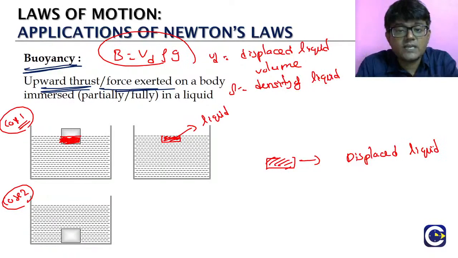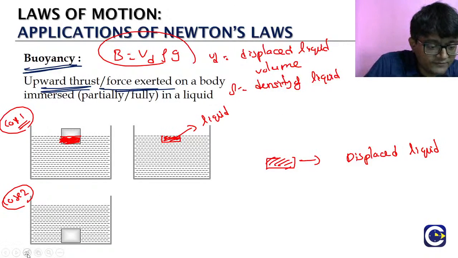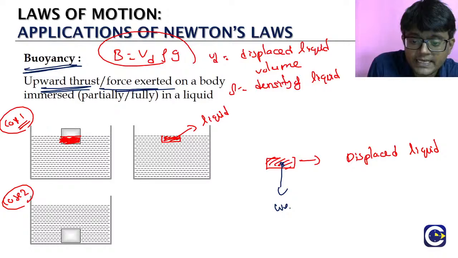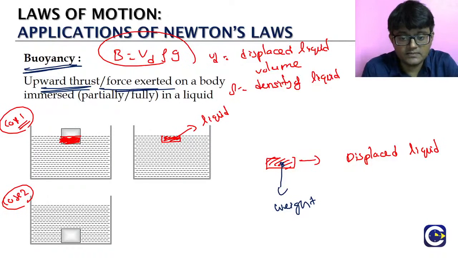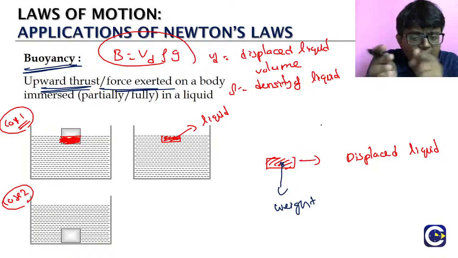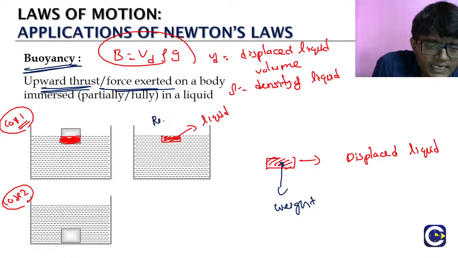Take the displaced liquid free body diagram. On this displaced liquid, there will be its own weight acting on it. This is what we call the weight of the liquid displaced. There is a downward force, which is the weight, but this liquid is at rest.